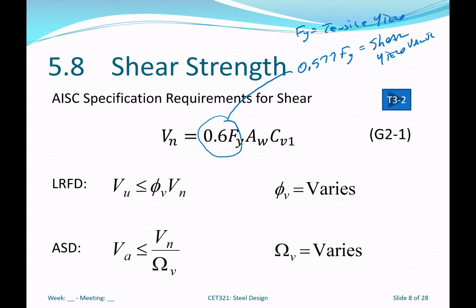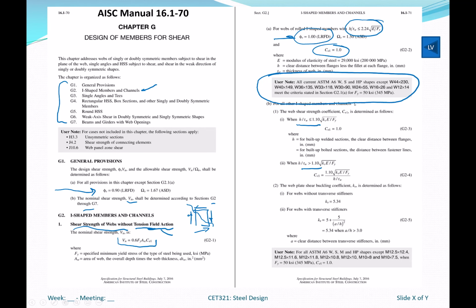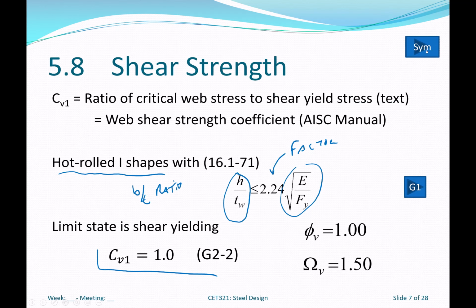So we're going to take the shear yielding stress times the area of my web, D times TW, and then this coefficient for us is going to be 1.0 for all wide flange shapes except those ones that we looked at in the table. They're good for all but these shapes. So we're in pretty good shape with what we have there.